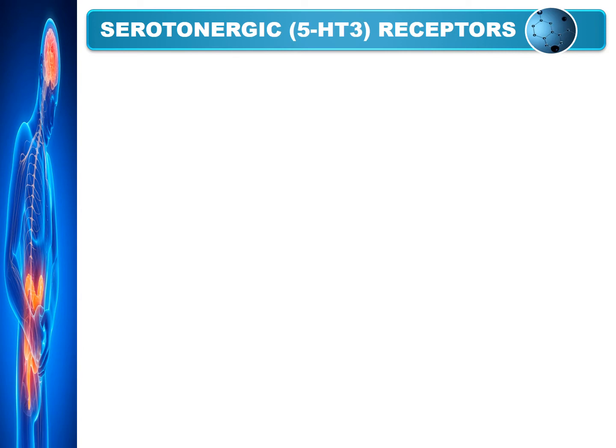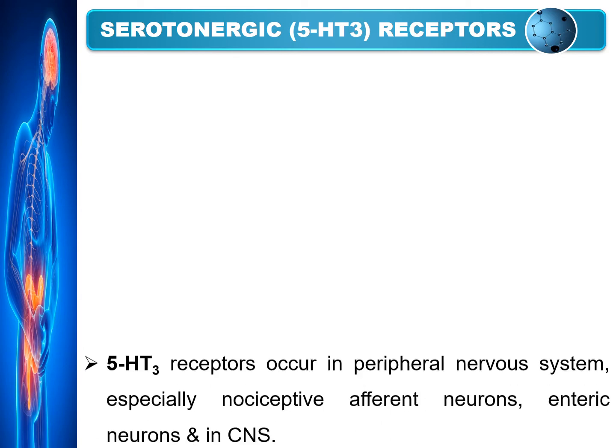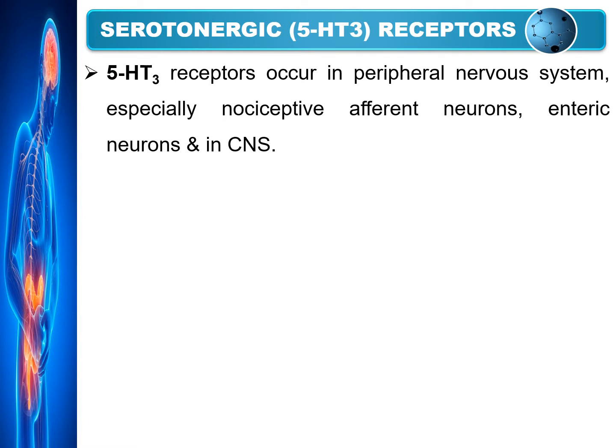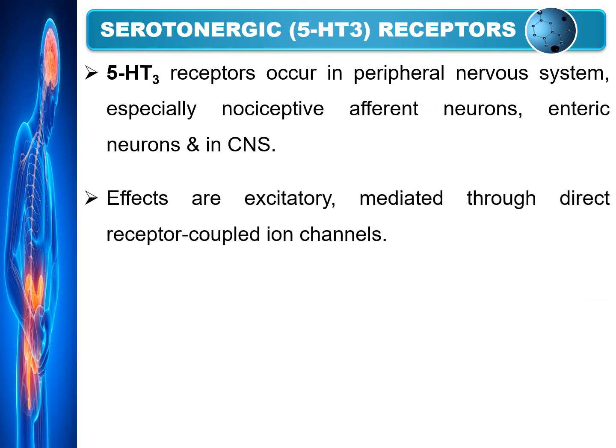Then the third serotonergic receptor is the 5-HT3 receptors. These 5-HT3 receptors occur in the peripheral nervous system, especially nociceptive afferent neurons, enteric neurons, and in the central nervous system. The 5-HT3 receptors show excitatory effects and are mediated through direct receptor coupled ion channels.